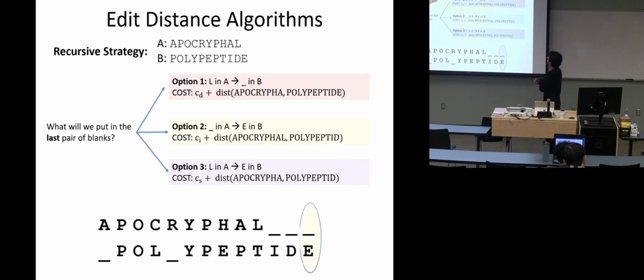Anyway, let's look back to our problem. We want to solve it using dynamic programming, and the first thing you need to ask is, how do you come up with a recursive strategy?